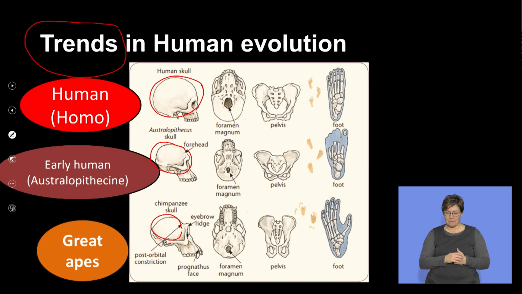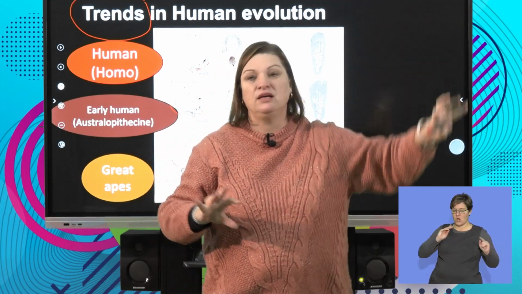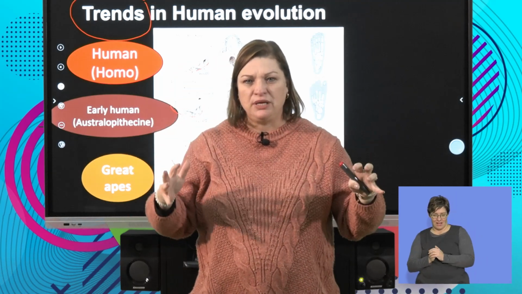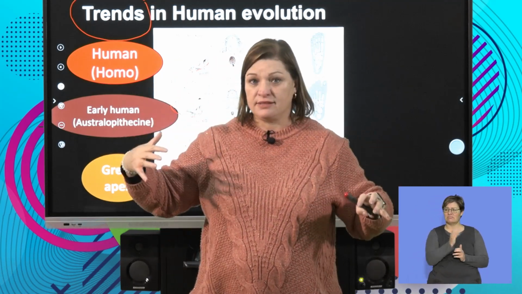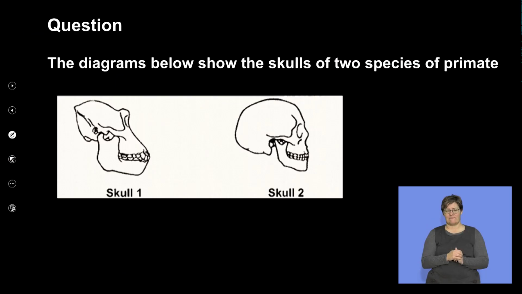Guys, very often when we get to questions on these, you need to be able to distinguish between, all right, so like apes are on one side, humans are the other, and we look at that whole fossil record. In between is the Australopithecines, okay, kind of like in between the two groups. Let's have a look at a typical question.